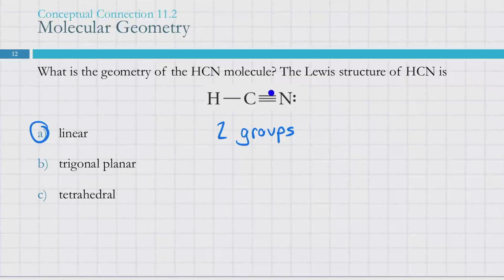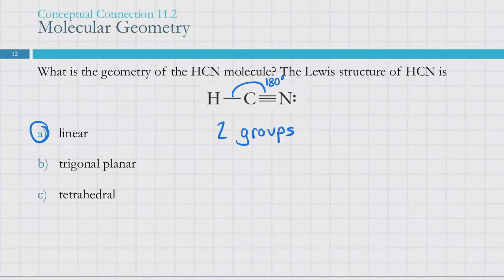And what's our bond angle? We've seen it with single bonds only, we've seen it with double bonds only. Now we've got a single bond and a triple bond. It's still 180.